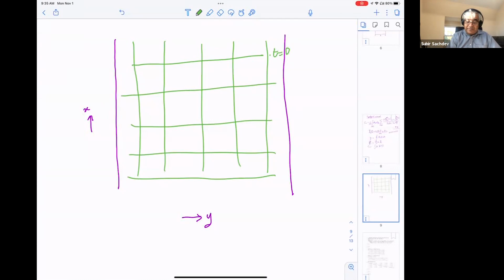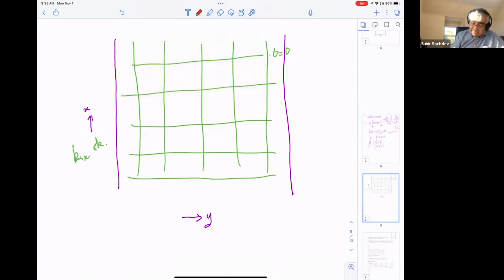Before I do any work, let me at least say a few things of what I expect to happen. First of all, in this geometry, it's a strip. Momentum along the x direction is well defined, so kx is a good quantum number, whereas ky is not a good quantum number because there are boundaries in the y direction.